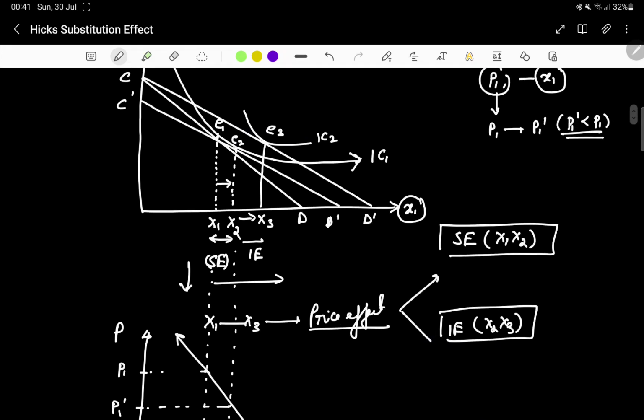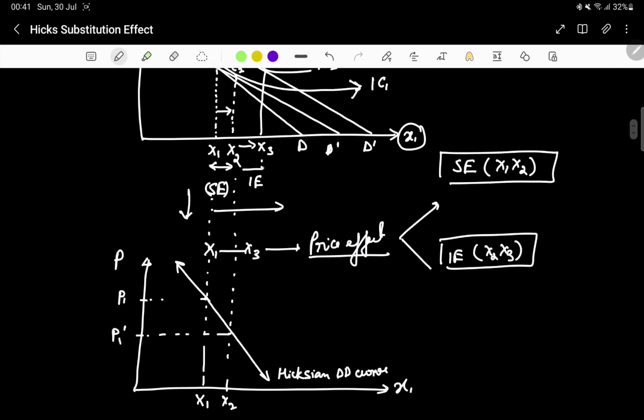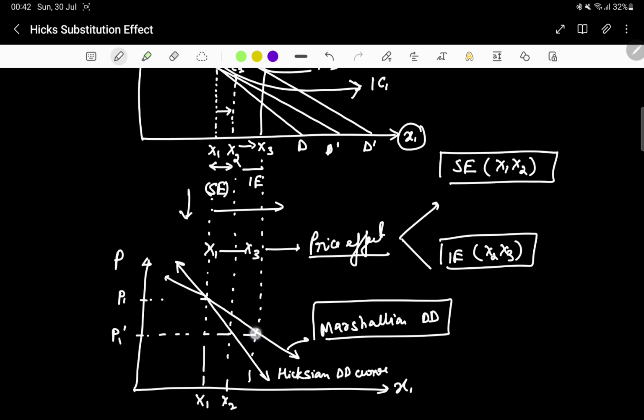And if we want to look for the Marshallian demand curve, then we look at the entire move from x1 to x3. If we extend x1 to x3 at the same price P1, we get the Marshallian demand curve. This Marshallian demand curve represents the entire price change, which means it includes both substitution effect plus income effect. And the Hicksian demand curve includes only the substitution effect.